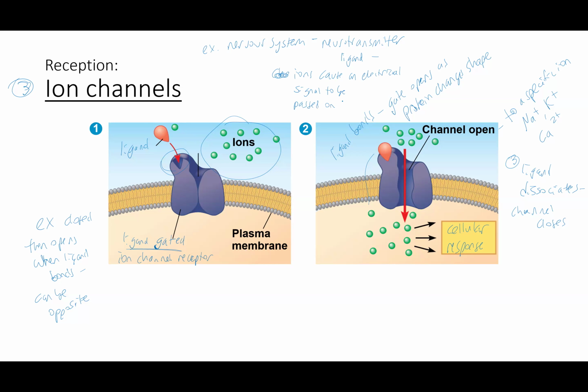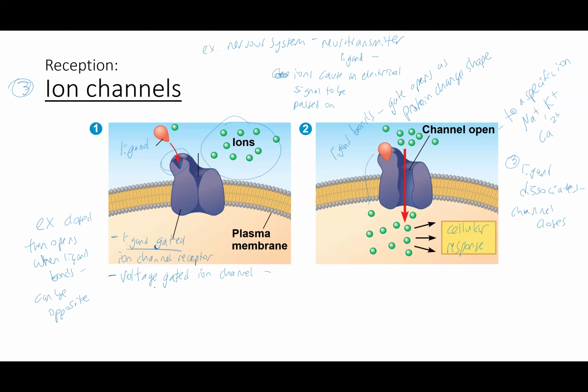Those ions themselves, so we talked about ligand gated. There's two kinds of gated ion channels. The second one is voltage gated. So sometimes that electrical signal will stimulate the cell to release neurotransmitters so that we have the chemical and electrical thing, but sometimes the electrical signal is enough to open the gated channel. So some of the gated channels are voltage gated.